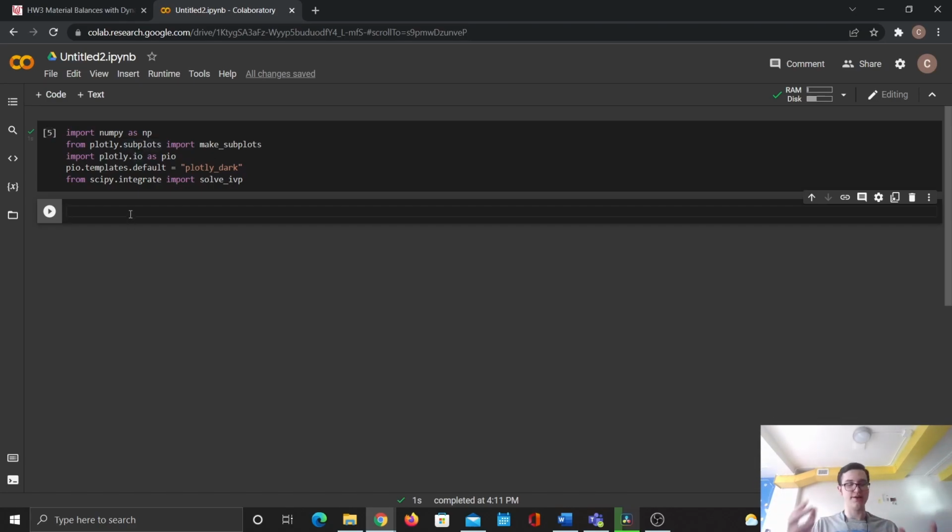Okay, now we're ready. So again, as I mentioned before, we're going to be making a function. We're going to define a function that contains all of the information from the right-hand sides of our three equations for accumulation. So define RHS for right-hand sides, and then we need two variables.